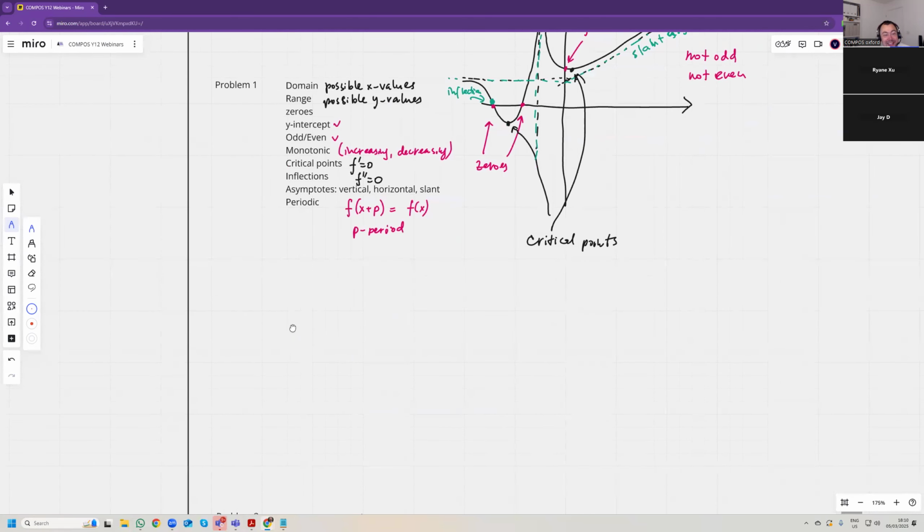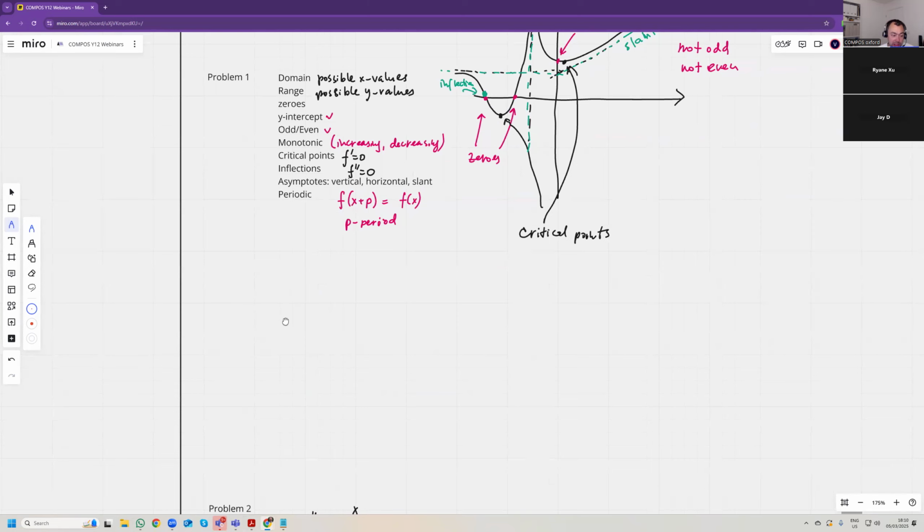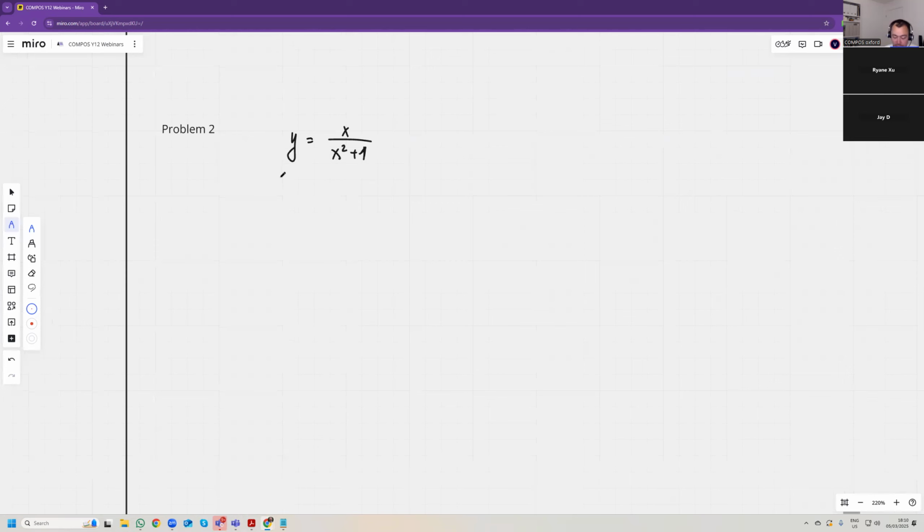Okay, so let me show you how you would typically approach a function. You want to find as much as you can about this function. So let's start with the domain. There are no limitations here, so the domain is all real numbers. Two, the range. Now, the range is tricky.